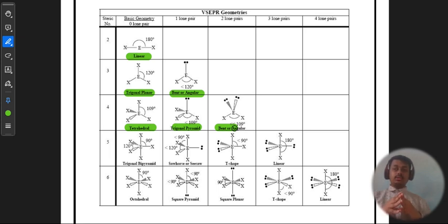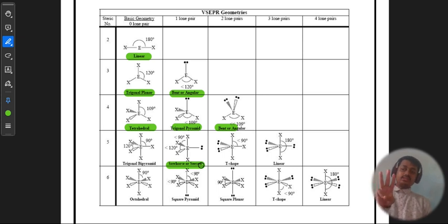And the goal of this VSEPR theory is to predict the accurate shape and describe the reasons behind it. And after predicting the shape, we also have to ensure that the atoms of a molecule are stable. So you can see that this is a seesaw type, and if there are two lone pairs and 3 bond pairs, then it is called T-shaped.